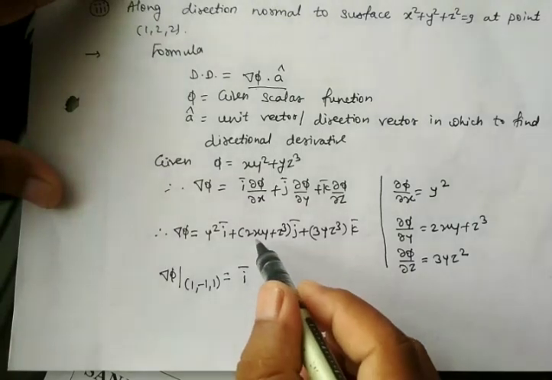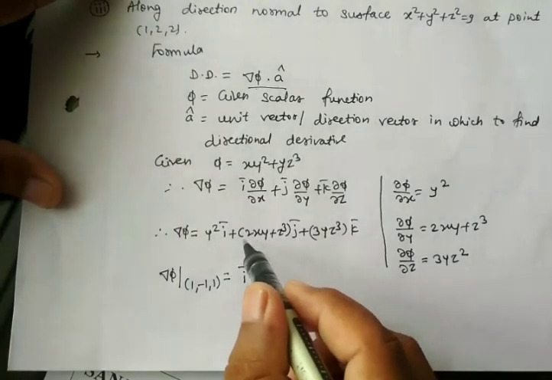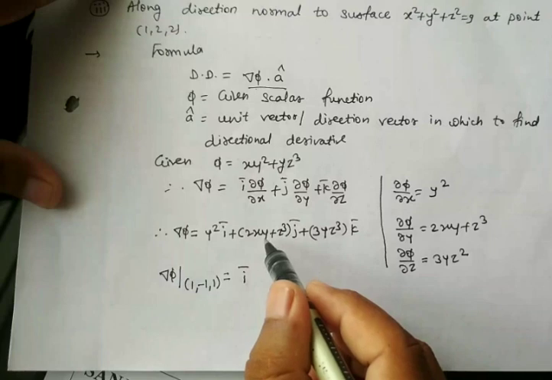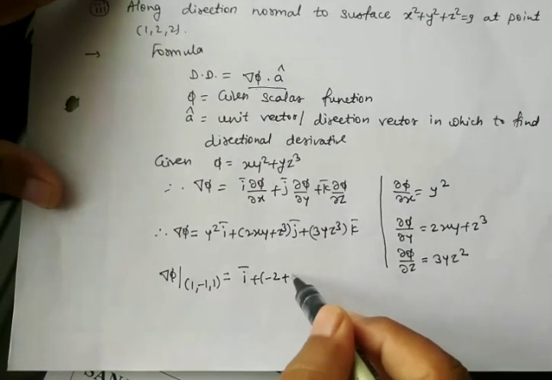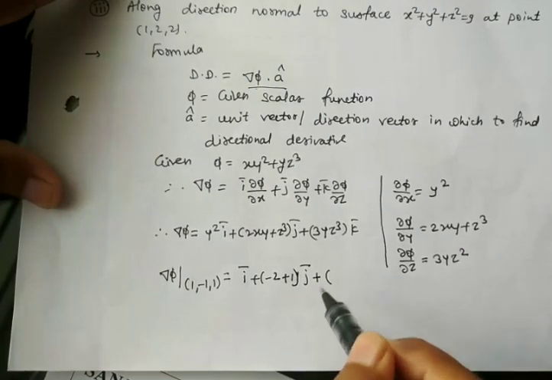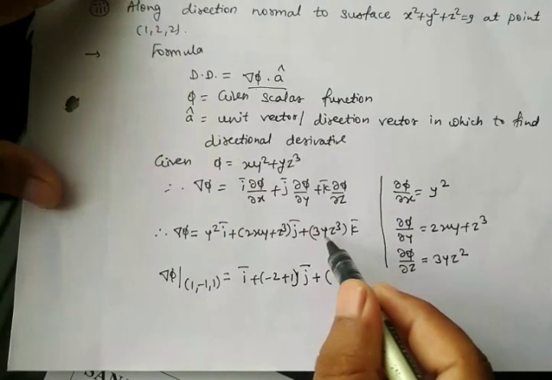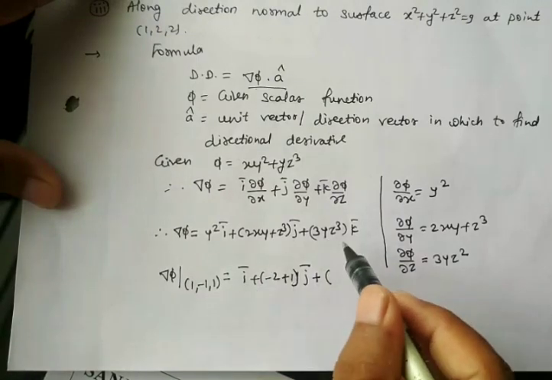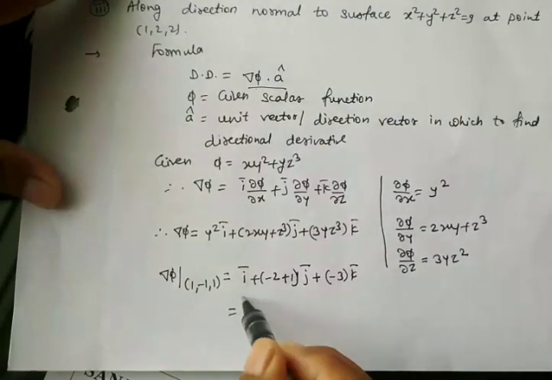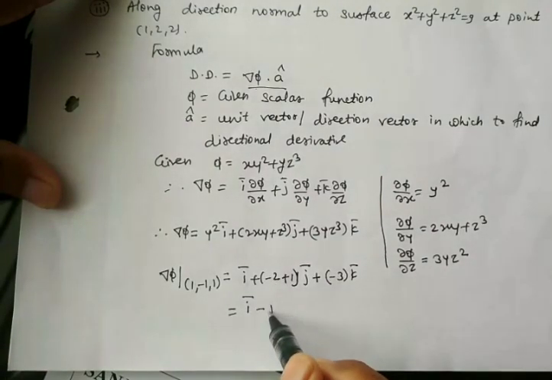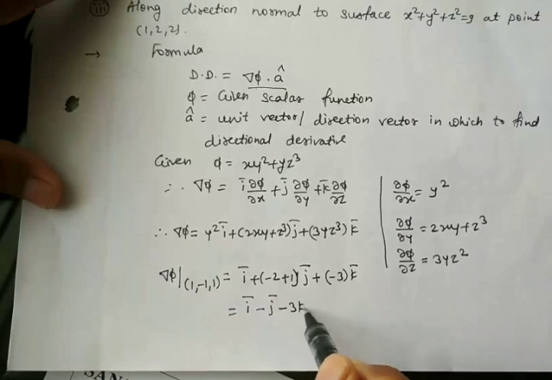Then when you put x equal to 1, y equal to -1, 2 into 1 into -1 is -2, and the value of z is 1, so z cube is also 1, into j bar. Plus in bracket 3, the value of y is -1, so -3, and z is equal to 1, so -3 k bar. That is i bar minus 2 plus 1 is minus j bar minus 3 k bar.